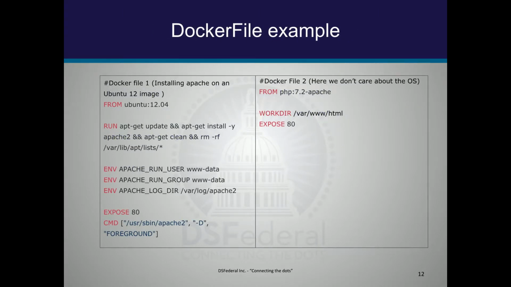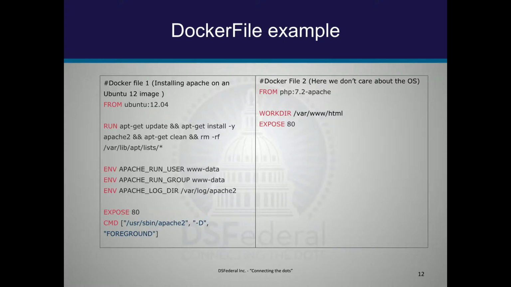So let's see an example of a Dockerfile. On the left side here, we have a Docker image for a Drupal Apache application, where we are inheriting from Ubuntu at the third line from the top. The next line runs the install of Apache. This is a set of commands that you can run on your terminal.